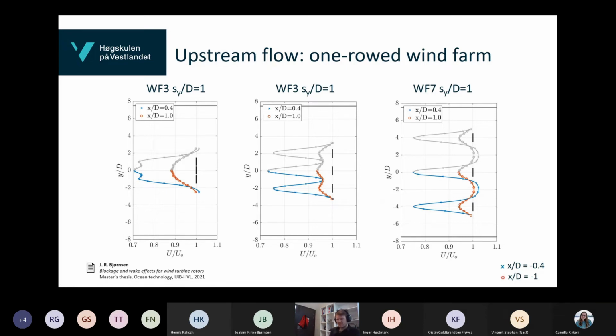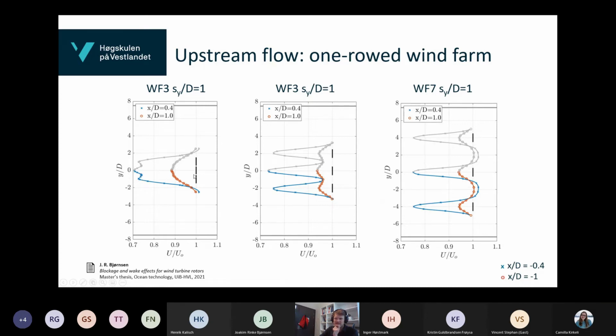What we can see here in those graphs is that we have those three disks really tied into each other, so the upstream induction zone is actually merging. At 1D upstream, we get an almost Gaussian distribution of the velocity deficit, whereas at 0.4D, we see small variations.